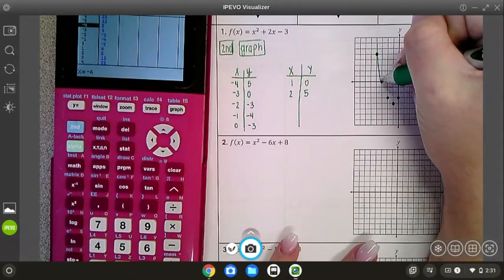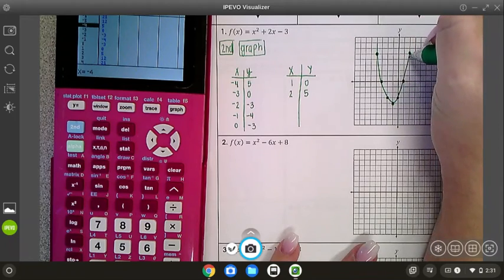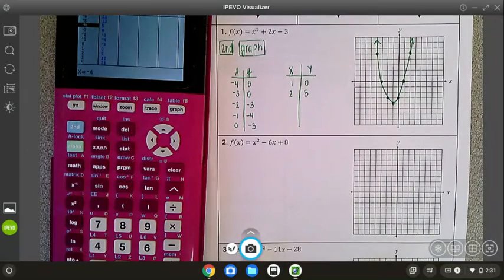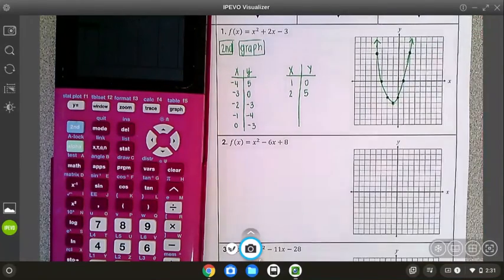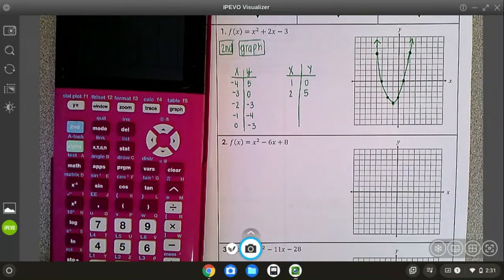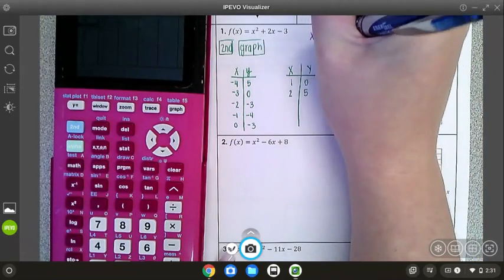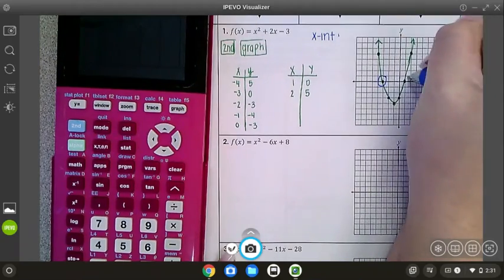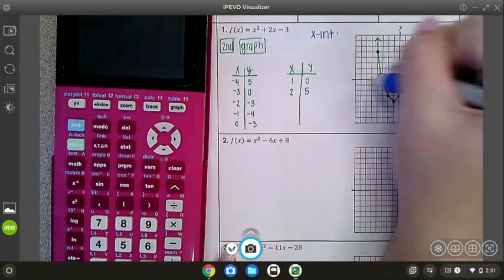And then we're going to draw this in the best we can. Sometimes they look a little wonky. That's okay. This side definitely needs to be more rounded. Oh well. So we're looking for the x-intercepts. They're here and here. That's where it crosses the x-axis.